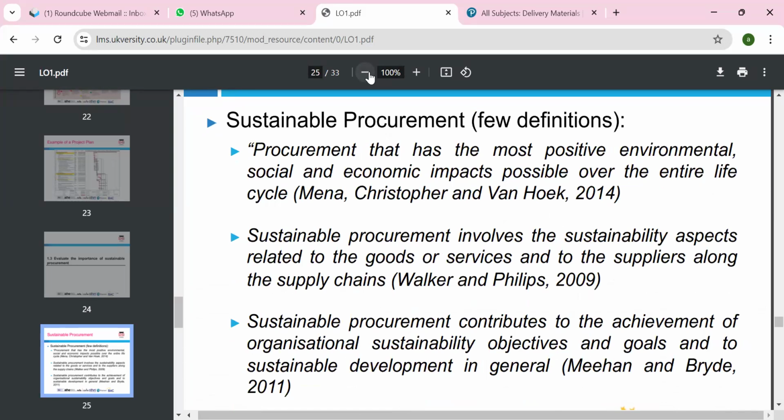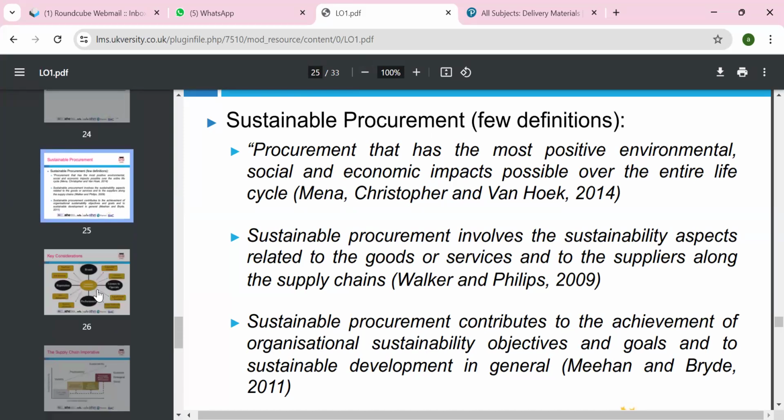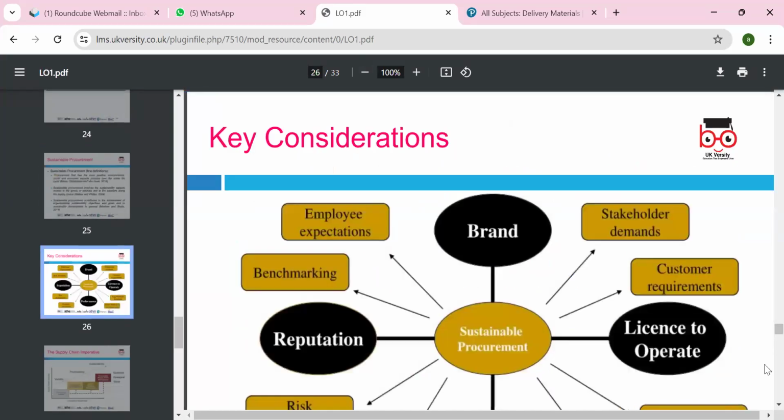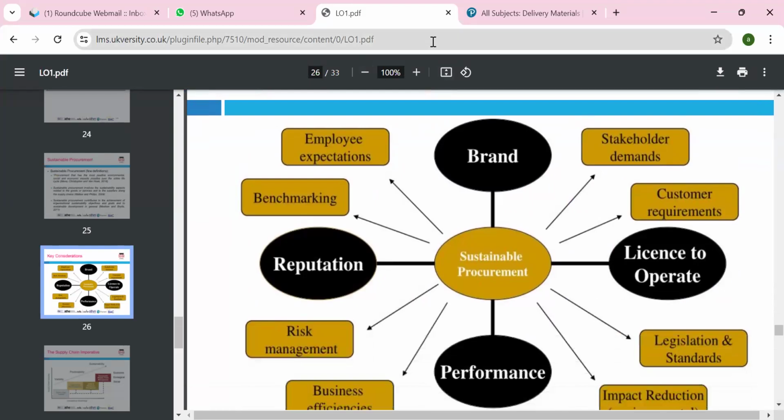Sustainable procurement involves the sustainability aspects of goods and services and suppliers along the supply chain. Sustainable procurement contributes to the achievement of organizational sustainability objectives and goals. We can even look at the UN sustainable goals as well, contributing to the environment and reducing pollution.